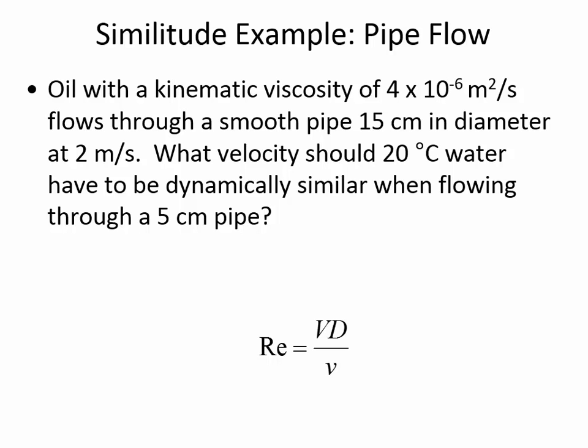And of course, the kinematic viscosity of water at 20 degrees is just 1 times 10 to the minus 6 meters squared per second. All right, so see if you can calculate what velocity should be used in the 5-centimeter pipe so that we have an equal simulation.